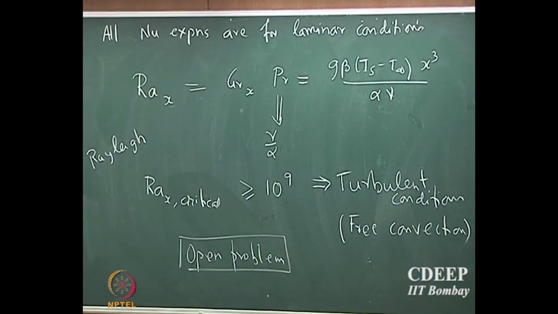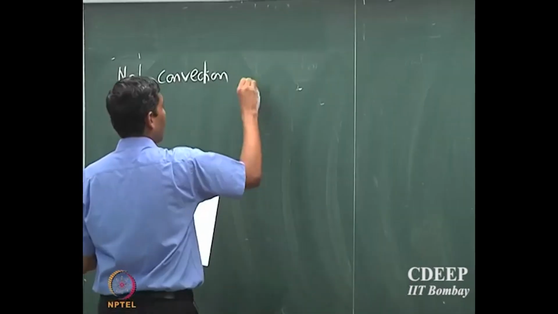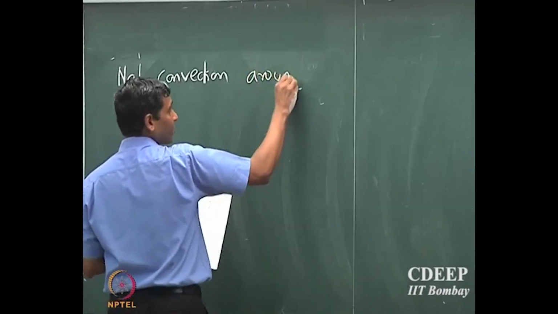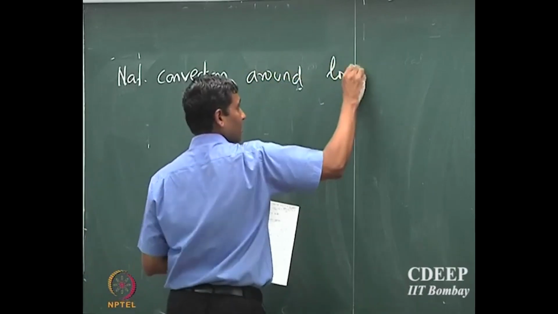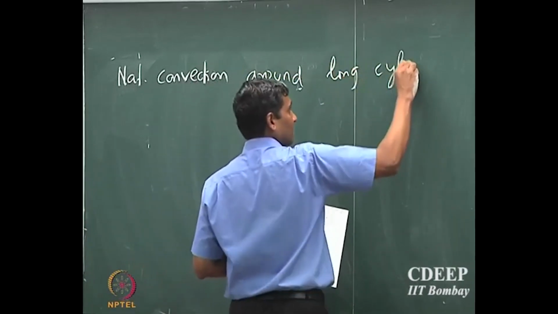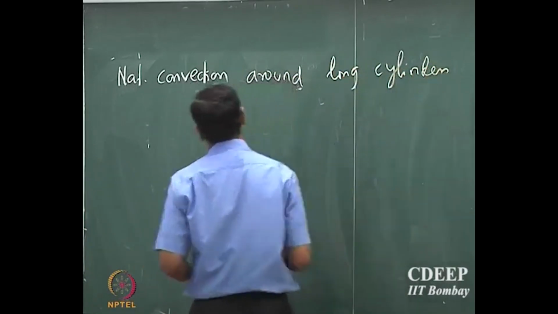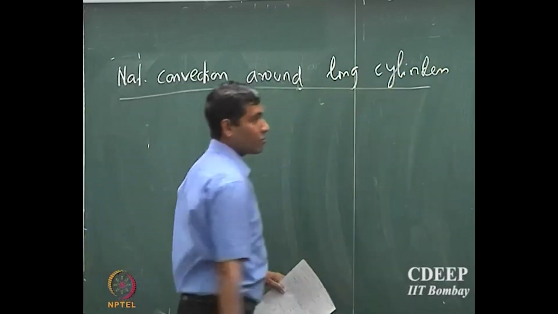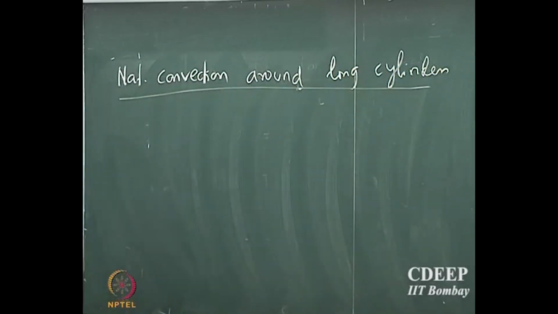So, this is natural convection around cylinders. The analysis and the boundary layer formation is very similar to what we discussed in the external flows case, where we have a long cylinder.